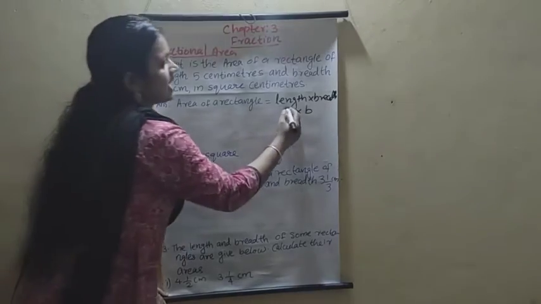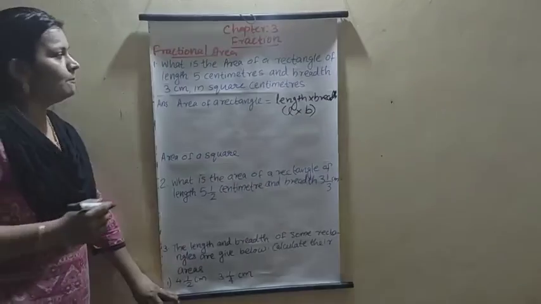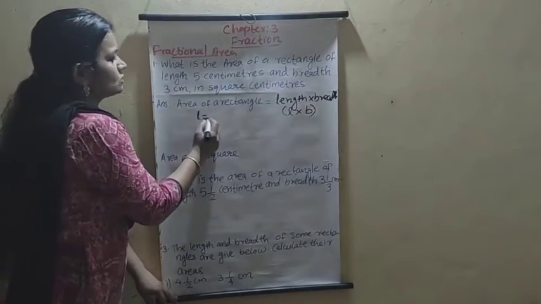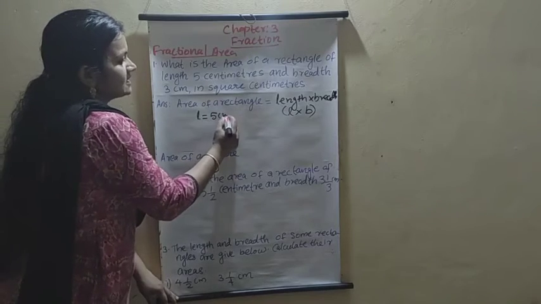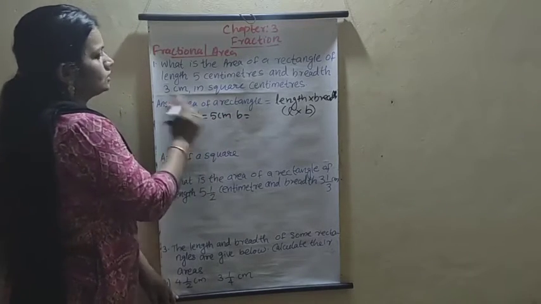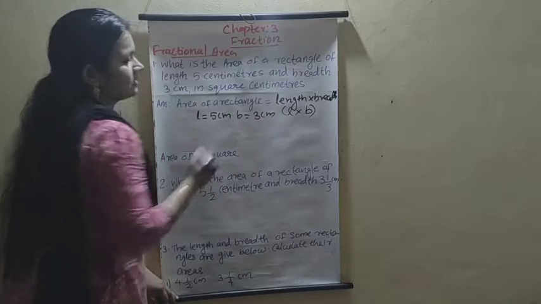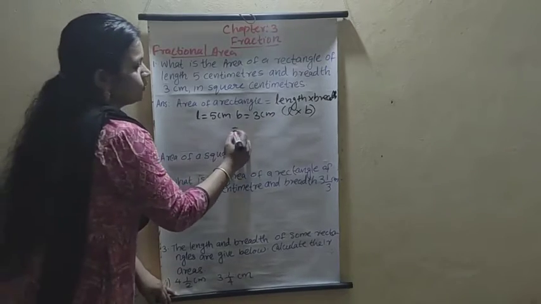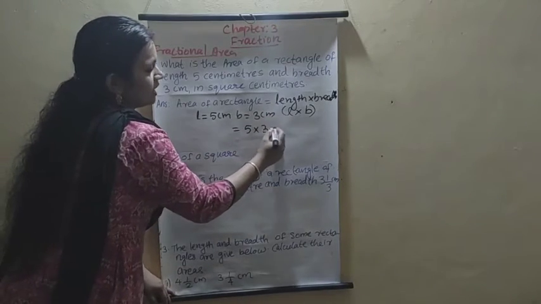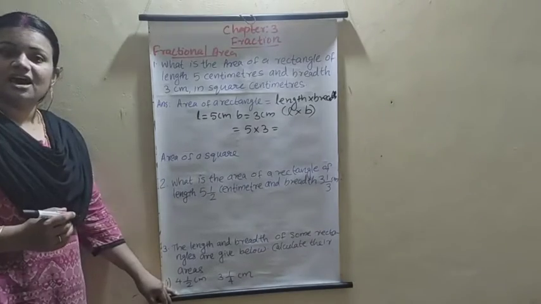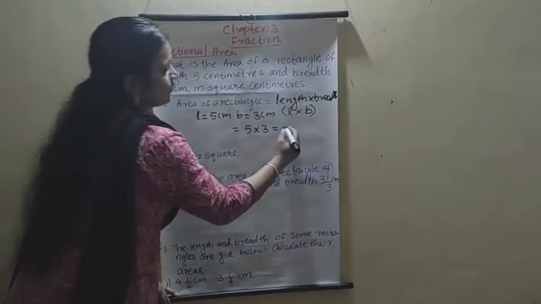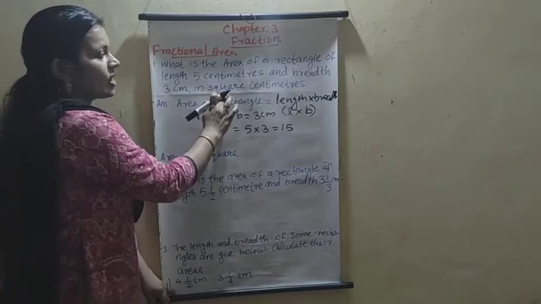Then area of the rectangle is equal to what? L into B. In this question, L is equal to what? 5 centimeters. Breadth is equal to 3 centimeters. So the area is equal to 5 into 3, 5 3s are 15 square centimeters.